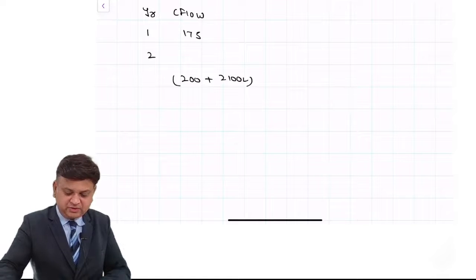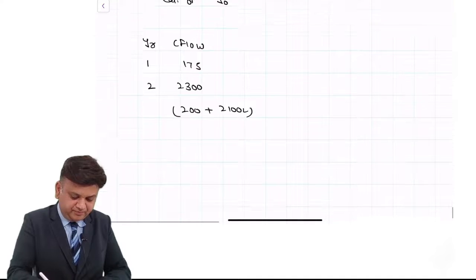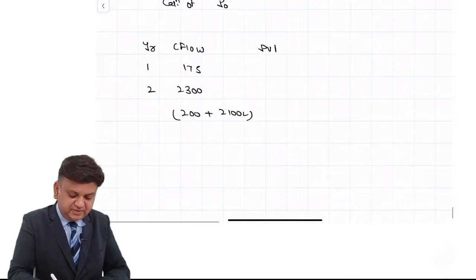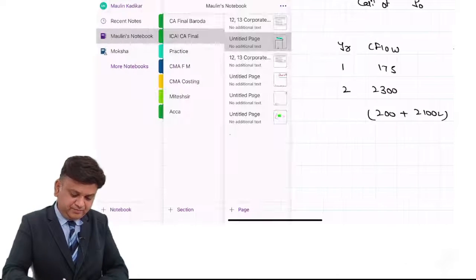So 200 plus 2100, that is 2300 lakhs. It will be discounted in present value terms at the rate of 15%. Discounting rates have been given for 15%.